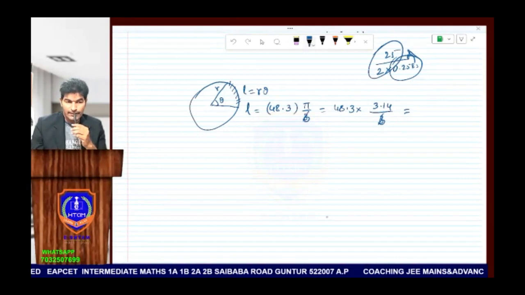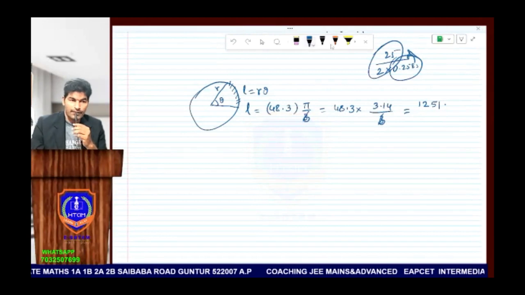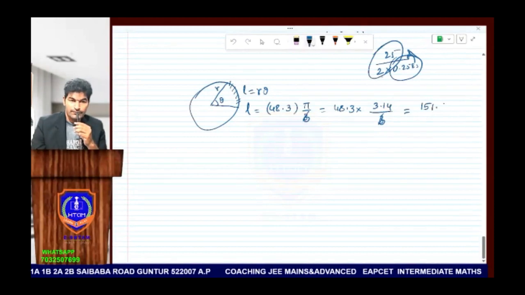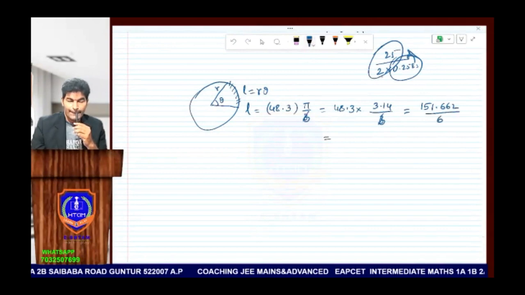And do this one. First multiply 48.3 into 3.14. 151.662. And divide by 6. 25.277.